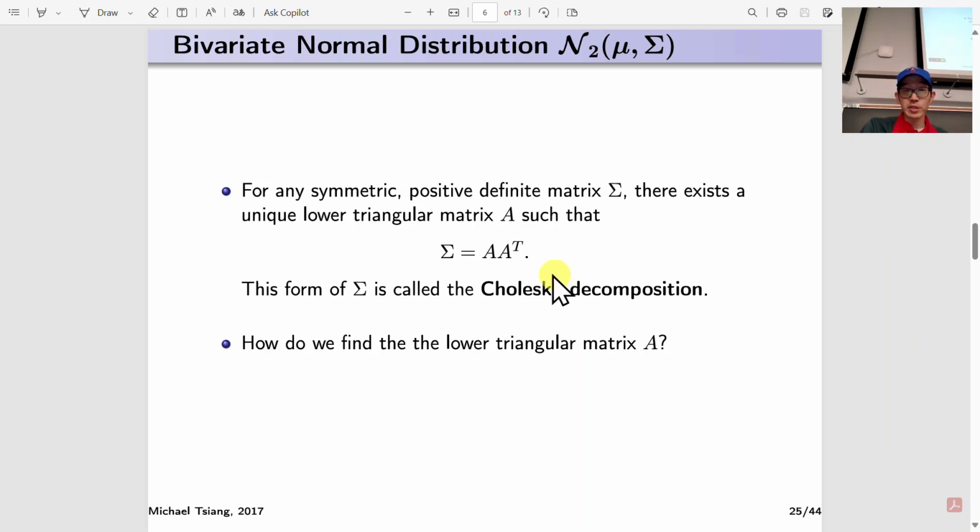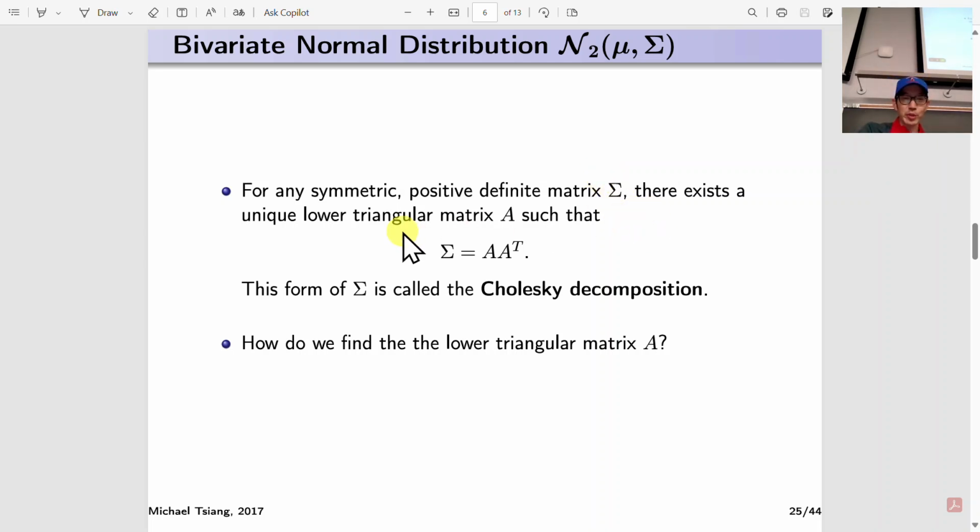In the Cholesky decomposition, we say, if you have some symmetric positive definite matrix sigma, and your variance covariance matrices are going to be symmetric positive definite, unless your variance matrix is all zeros. Well, then it fails. But for everything else, it will be a positive definite matrix.